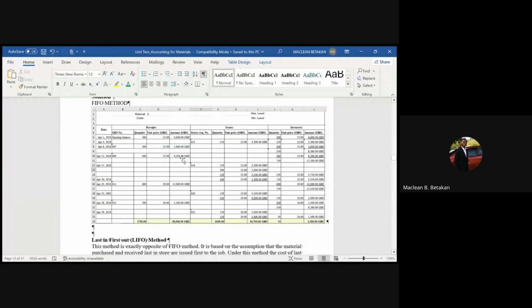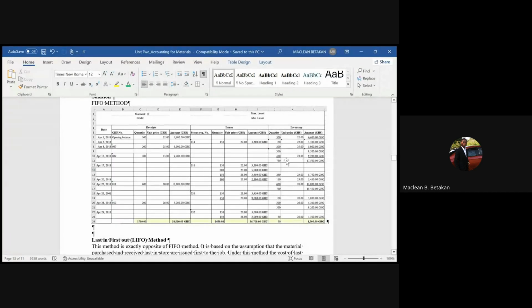We get 9,200. We carry everything to the balance. Then 400 will come here, valued at 23 cedis, and the amount is 9,200. So we are just bringing the same thing. So you add the 400 to 350, you get 750. Then you add 9,200 to 8,300, you get 17,500.